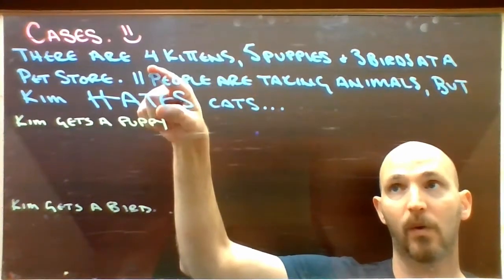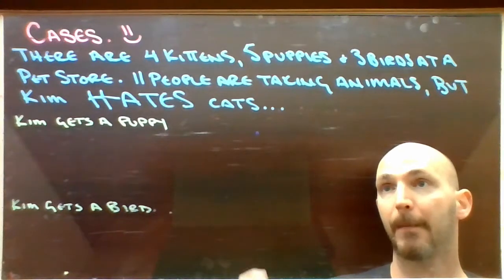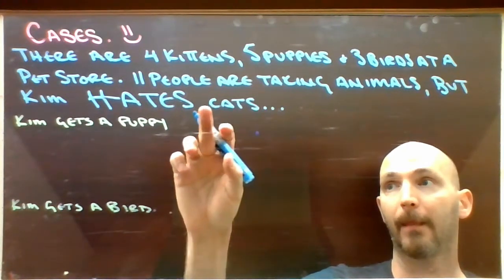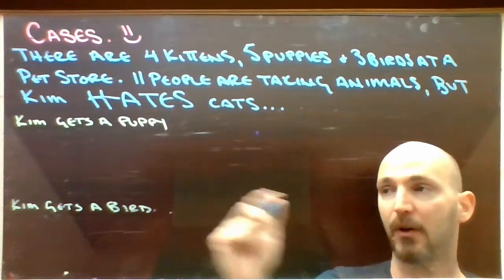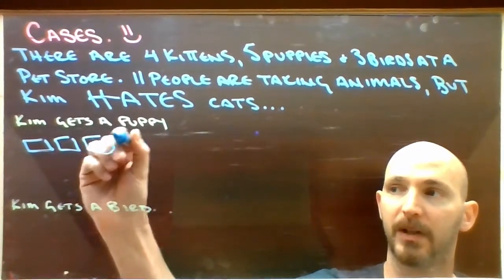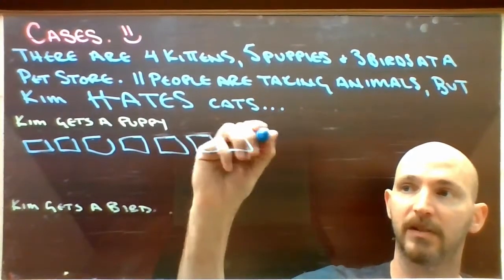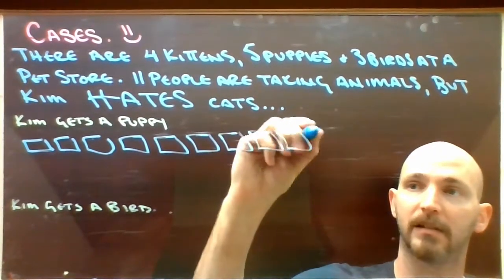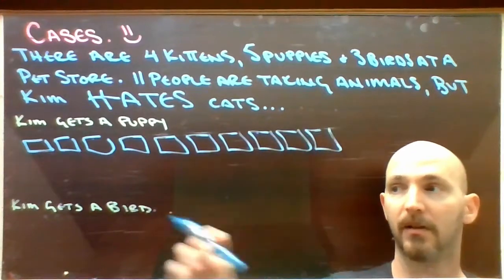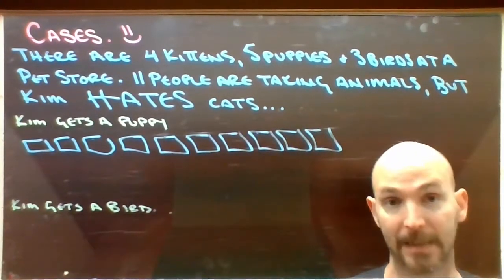If Kim gets a puppy, then one of these is missing. So there are only 11 animals, and 10 people. So of those 10 people, 1, 2, 3, 4, 5, 6, 7, 8, 9, 10. 10 people and 11 animals.